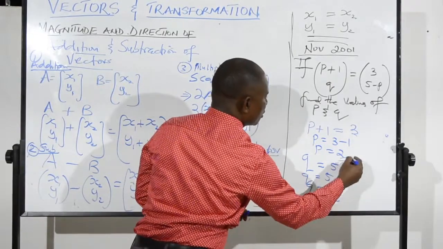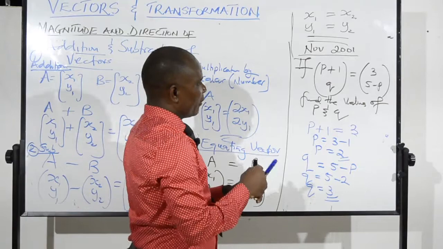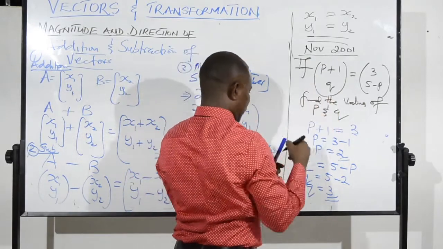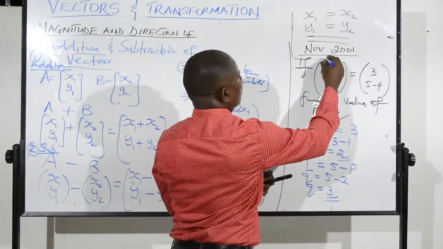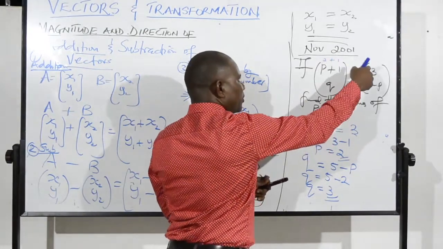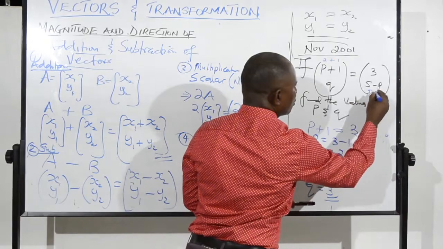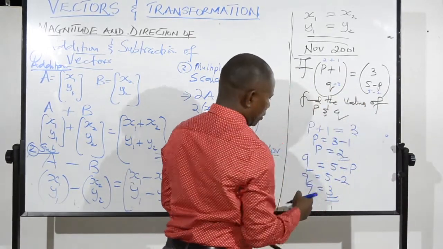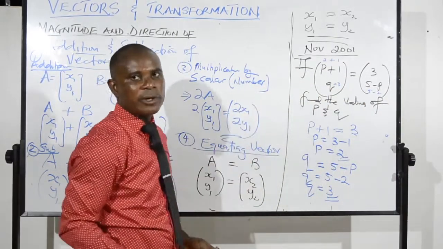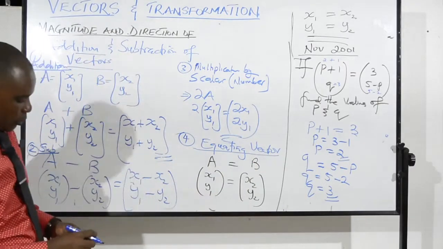If I put 2 here, 2 plus 1 gives me 3, and if I put 2 there, 5 minus 2 gives 3, so Q is 3. They are equal. That is how we equate the vector.